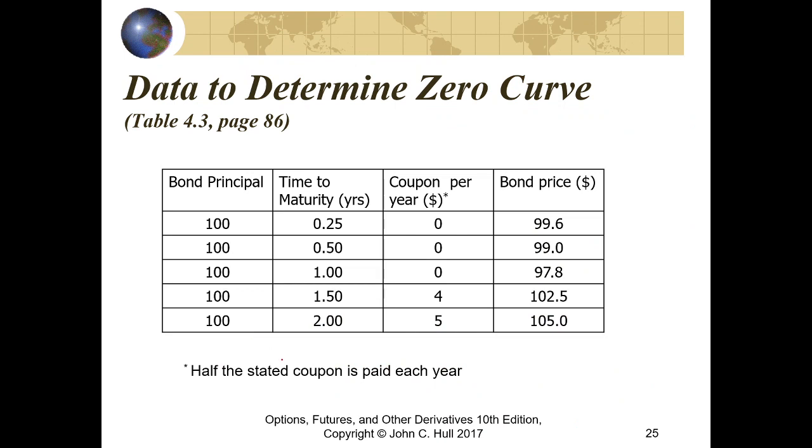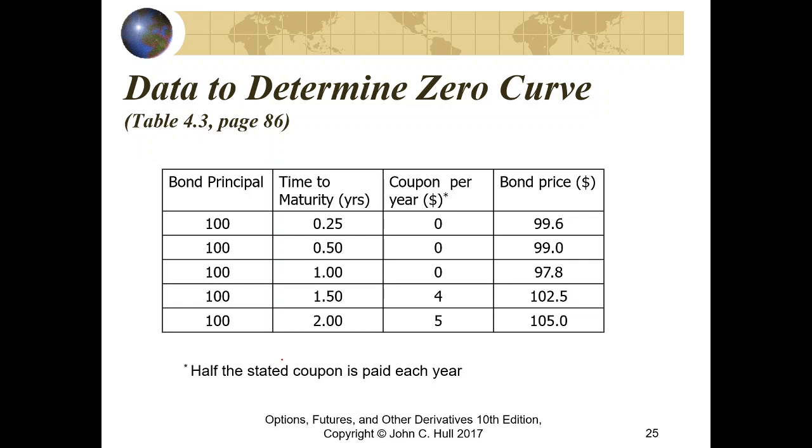Now we turn to the issue of finding the zero rates. In the previous example, we assumed that we can observe a zero coupon bond with a maturity of 1.5 years, with a maturity of 2 years. And we know that there are no bills or treasury instruments that are a zero coupon with maturity longer than 1 year.